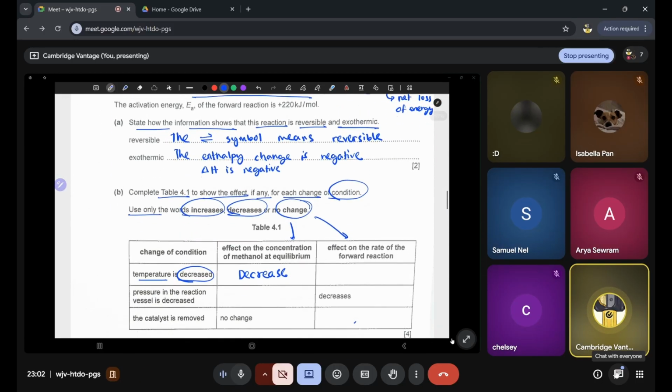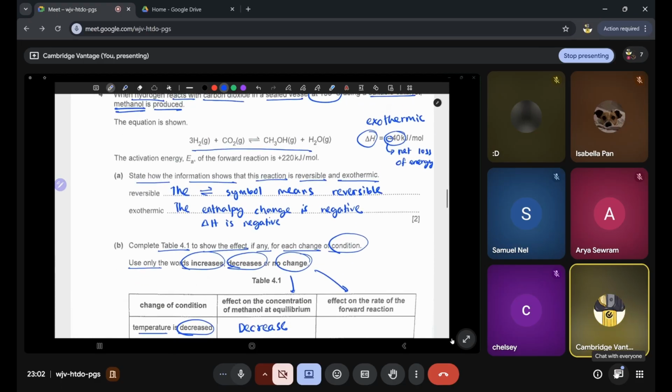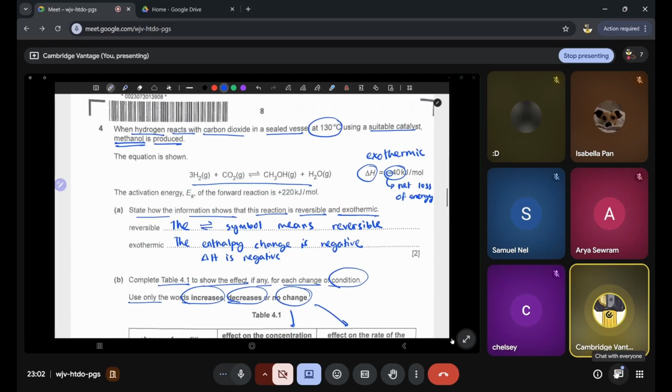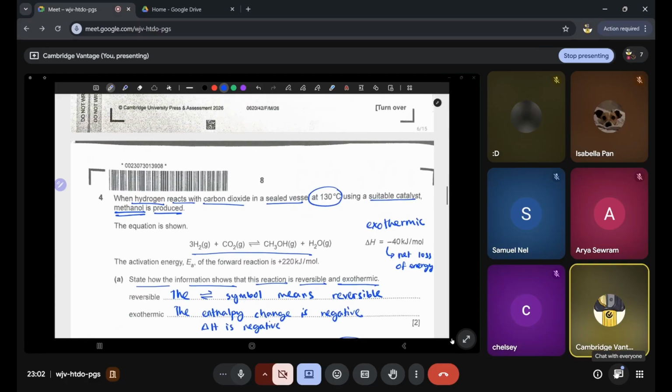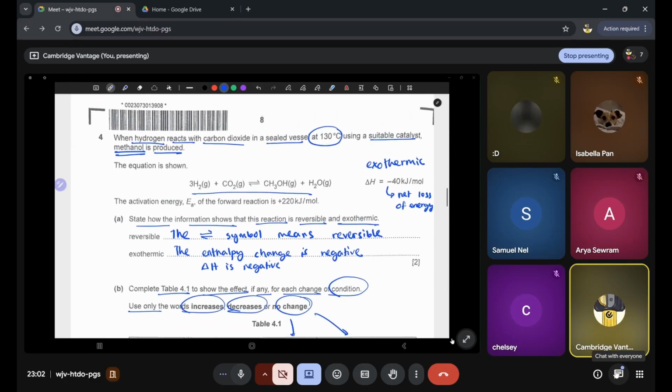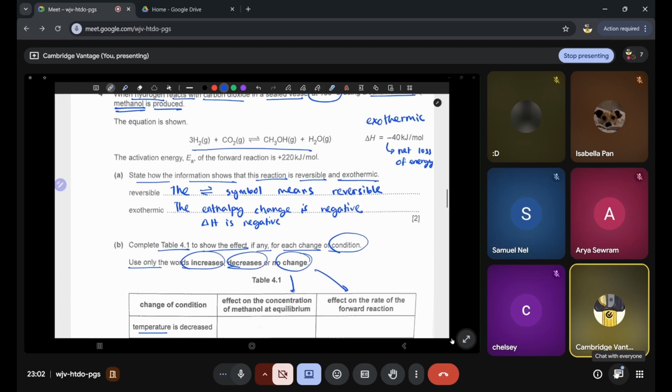So when the temperature is decreased, wait, Leah, should it be decreased? Because if the temperature is decreased, which side will the equilibrium shift to? Should it shift to the right side or should it shift to the left side? Yeah, it should shift to the right side.